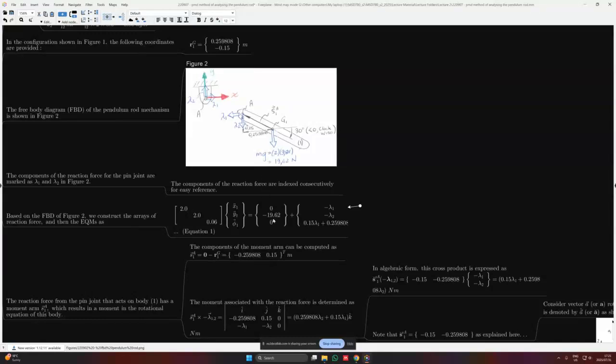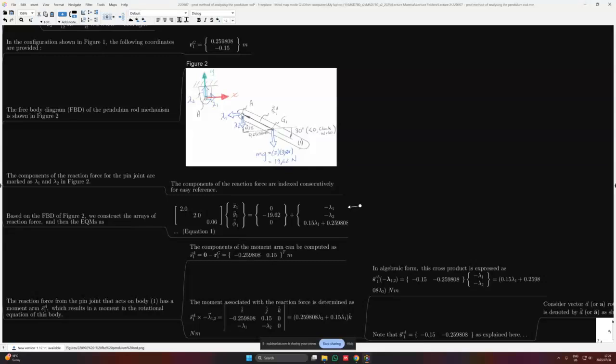If I multiply 9.81, which is the gravitational constant, with the 2 kilograms, I get this minus 19.62 value over here. And then I just add the reaction forces for lambda as well as the effect of the moment in this last entry, or this third row that I have in my matrix setup.